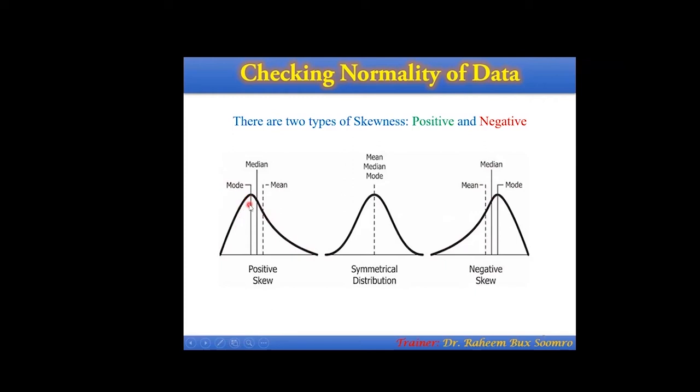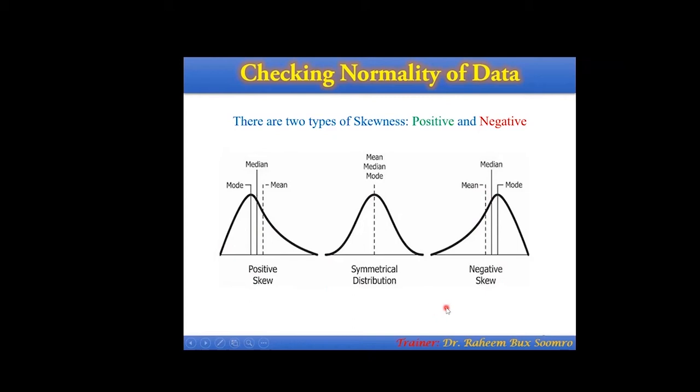That's why this is also non-normal data, because most of the data lies beyond this mean, beyond this mode, and here most of the data is beyond this median.